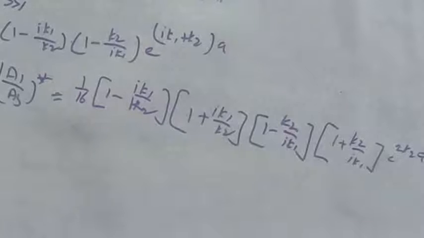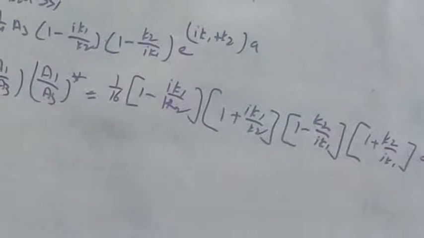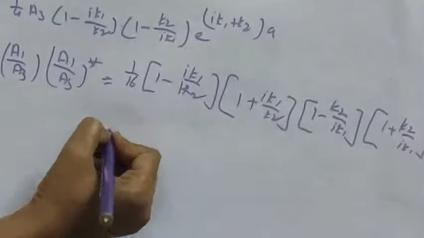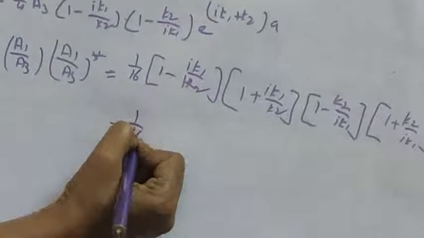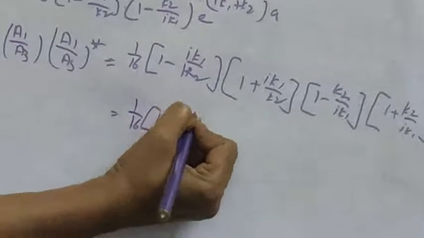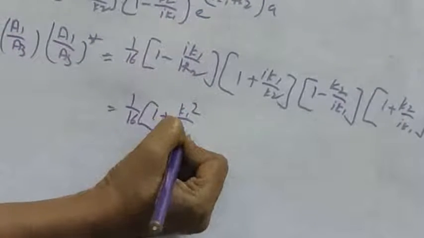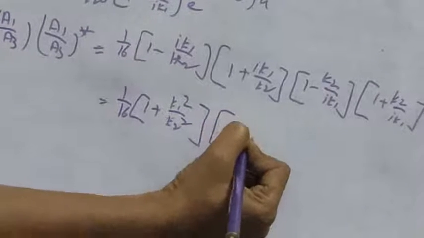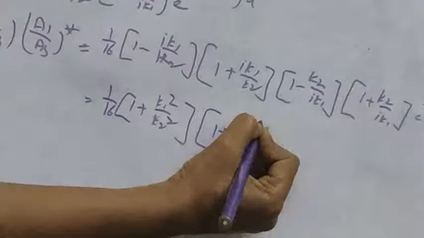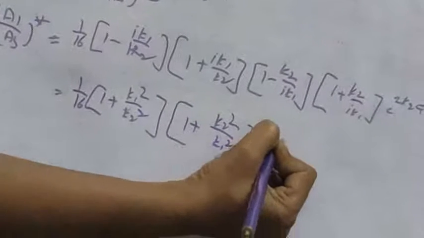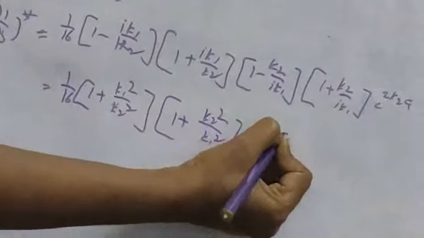Now this is in the form of (A + B)(A − B), which is nothing but A squared minus B squared. So the same formula we apply here, and overall you get 1/16 of (1 + K1²/K2²)(1 + K2²/K1²) into e^(2K2a).